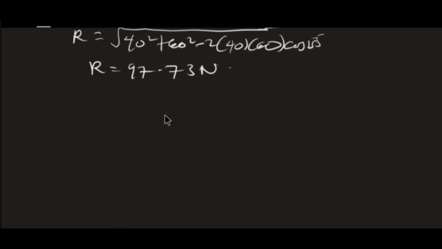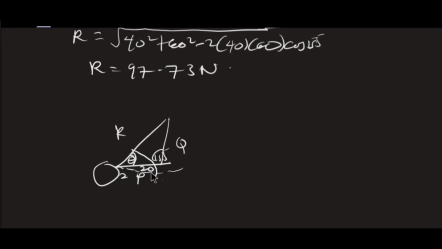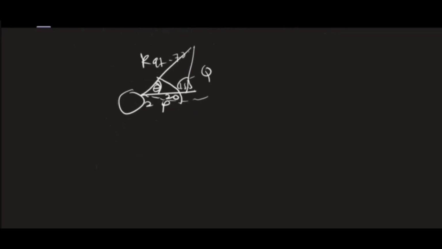So let's see. Here was our P, our Q, and our R. It became 155. But don't forget that the bolt is here, so we need our resultant angle here, theta, to add up to the 20 degrees down here to give us the total direction of the resultant. Now, how do we find this theta? Since I know R to be 97.73, to find theta I'm going to use the sine rule.